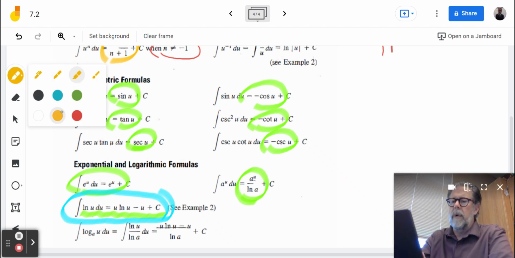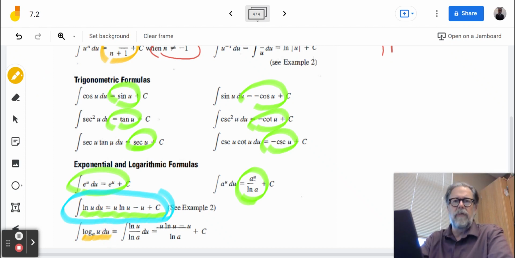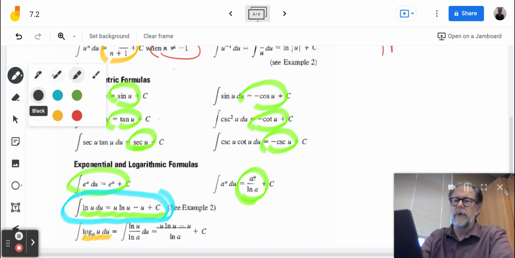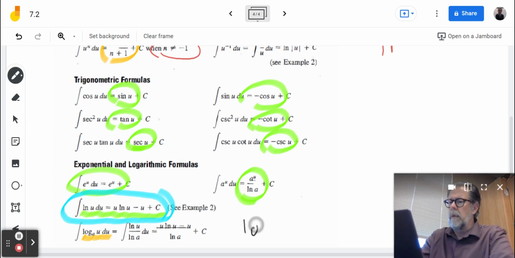And then, of course, hopefully you remember the change of base formula says that log base a of u is equal to log base b of u over log base b of a.